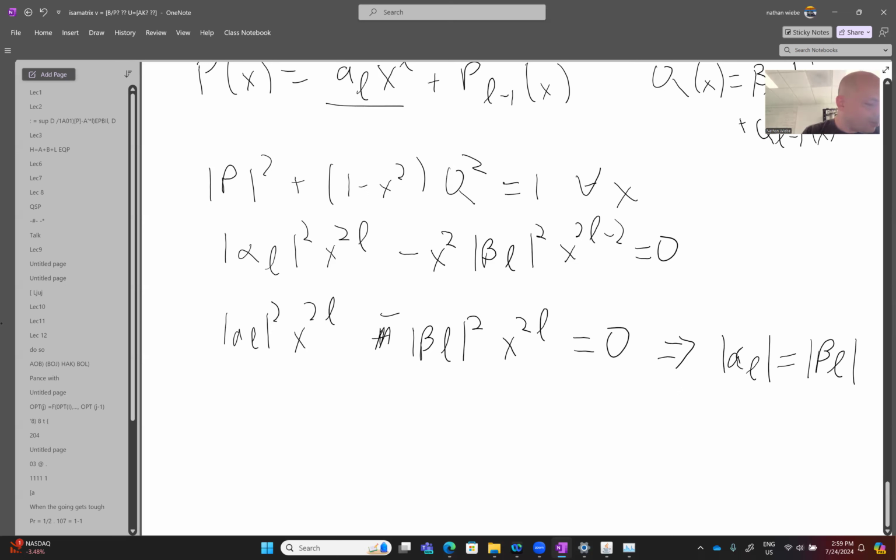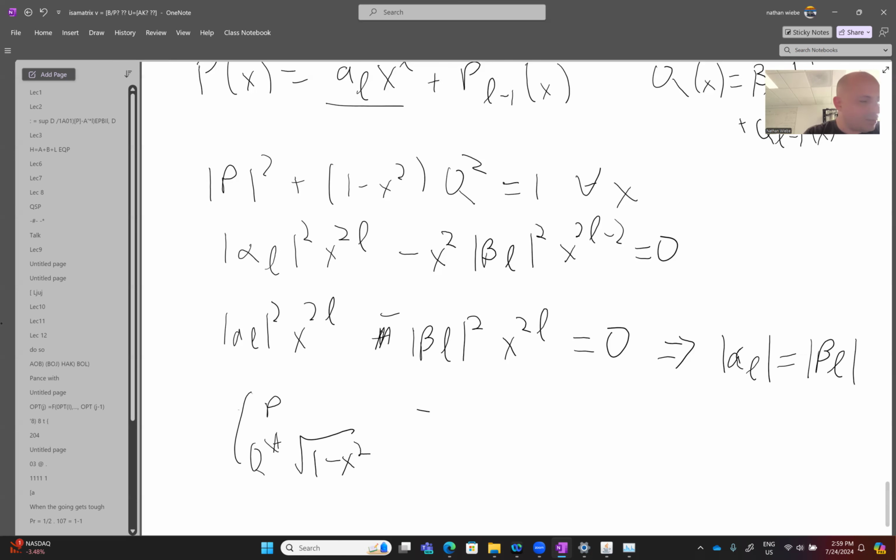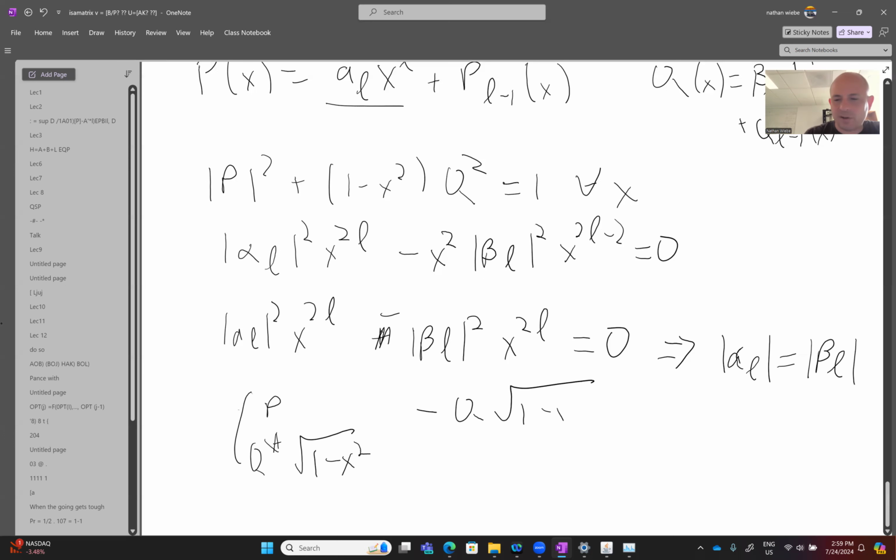Okay, so next up, if we look at what happens when we peel this off, then we get P Q star square root of 1 minus x squared, minus Q square root of 1 minus x squared P star, e to the minus i phi z O dagger.